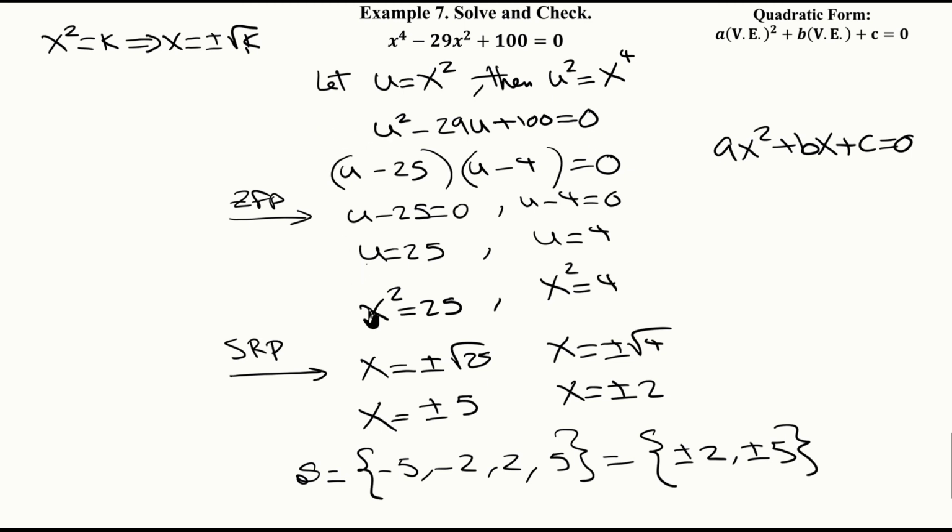We solved it for that variable, and then once we did that, we went ahead and substituted back x squared for u, and we got the actual x solutions. All right, so make sure you can handle that, and then we're gonna move on to one more problem.